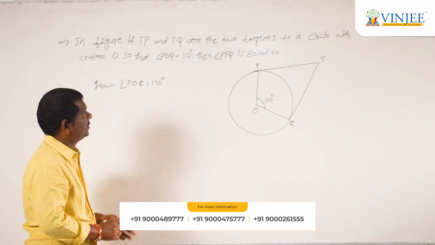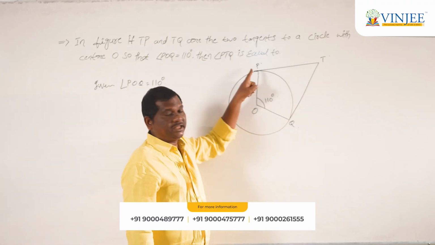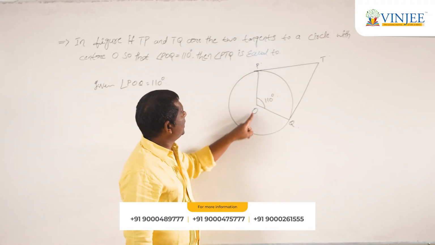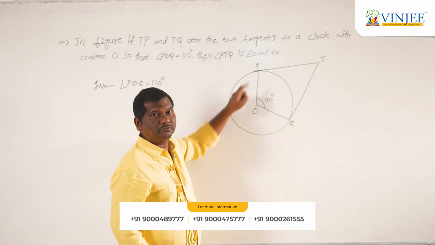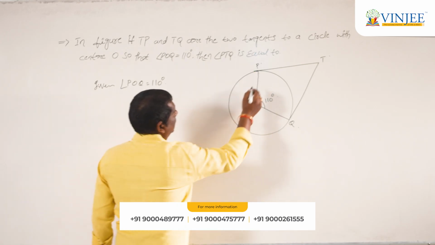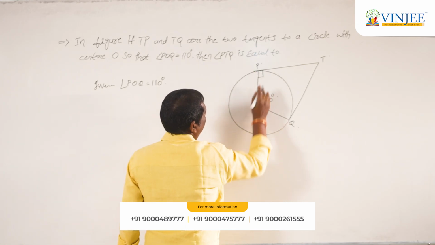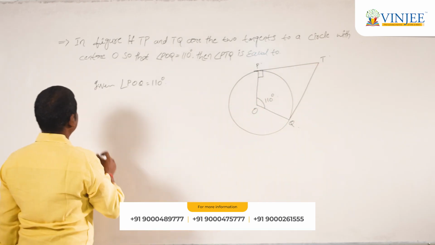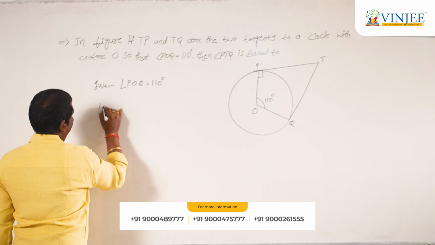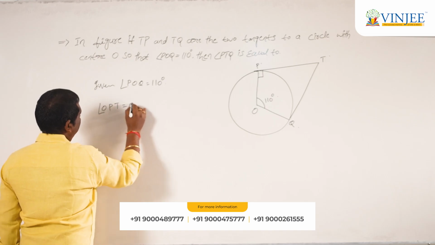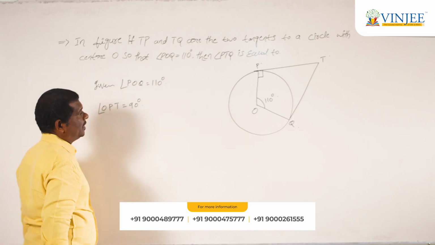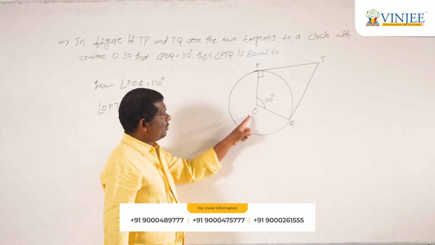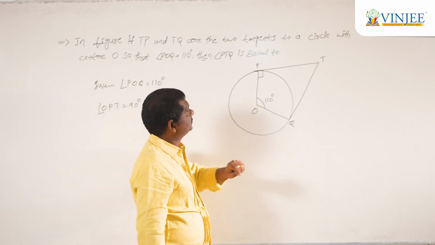See here, if TP is the tangent, OP will be the normal. Now here this angle OPT should be 90 degrees. Angle OPT should be equal to 90 degrees. Similarly, OQ will be normal.